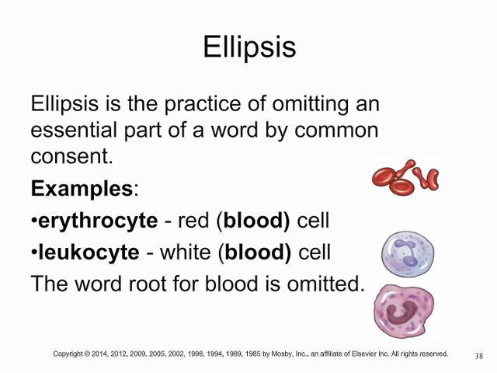We wouldn't say erythrohematocyte. That just makes it too long. Same thing with leukocyte. Leukocyte literally means a white cell, but it's understood that it's a white blood cell. So we're going to come up with a few different words throughout the book where one of the word parts has been taken out because it's understood, so you don't have to make the medical term longer.